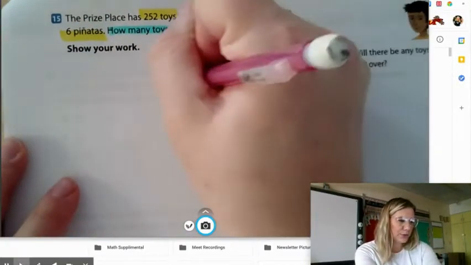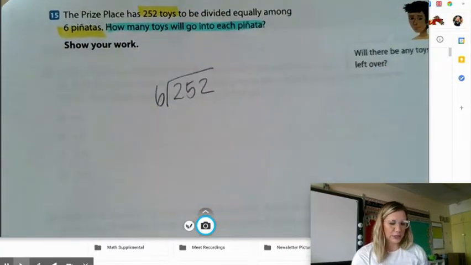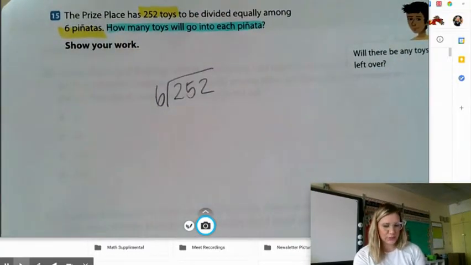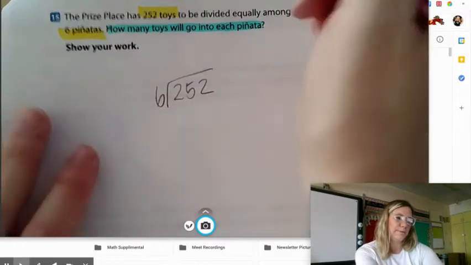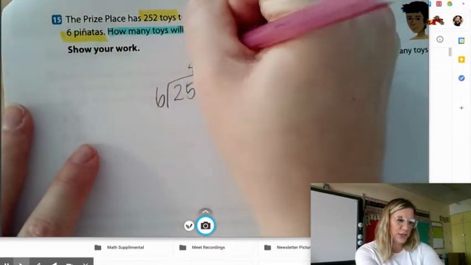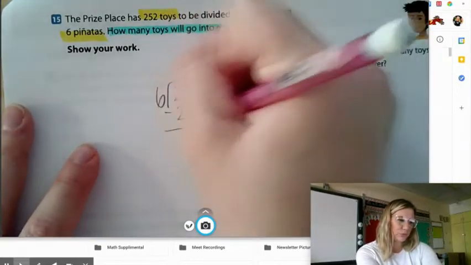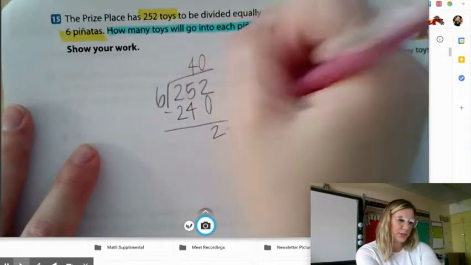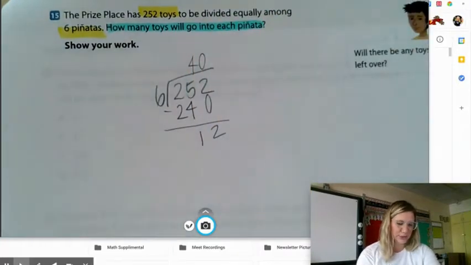Here we're doing 252 divided by 6. My total, my dividend, goes on the inside of my division bar, and my divisor goes on the outside. I know that 6 times 4 is 24, so if I add a 0, that gives me 240. So that's 6 times 40. When I subtract, 2 minus 0 is 2, 5 minus 4 is 1, 2 minus 2 is 0.